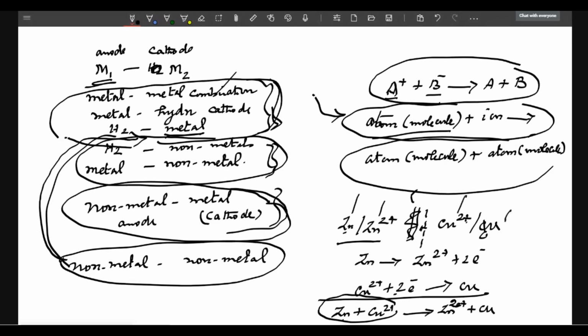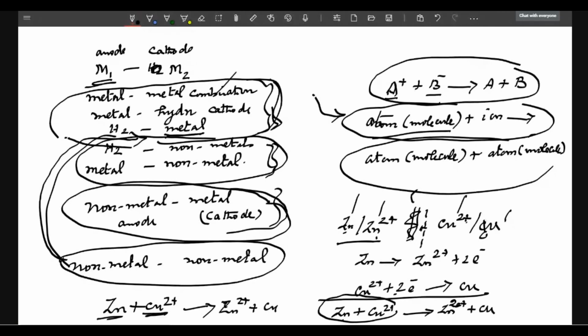Therefore, you can immediately write zinc plus copper 2 plus as reactants, and on the other side, the products, zinc 2 plus and copper. It is a neutral atom and an ion. Therefore, it belongs to this.